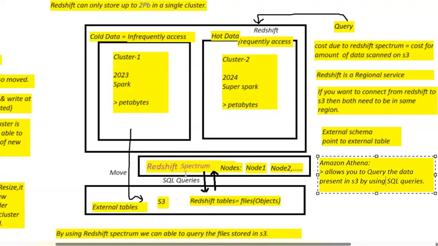Redshift Spectrum. Redshift Spectrum can query both the tables which are stored internal to your cluster and the tables which are stored external to your cluster. Right? Yes.